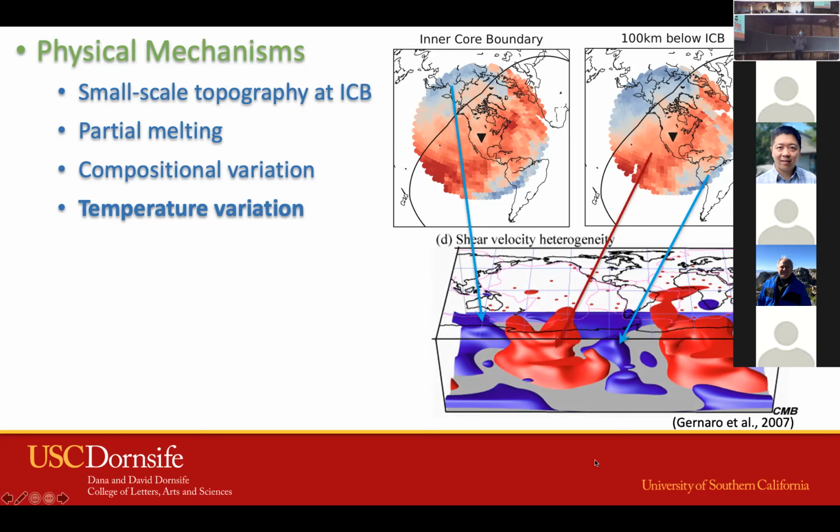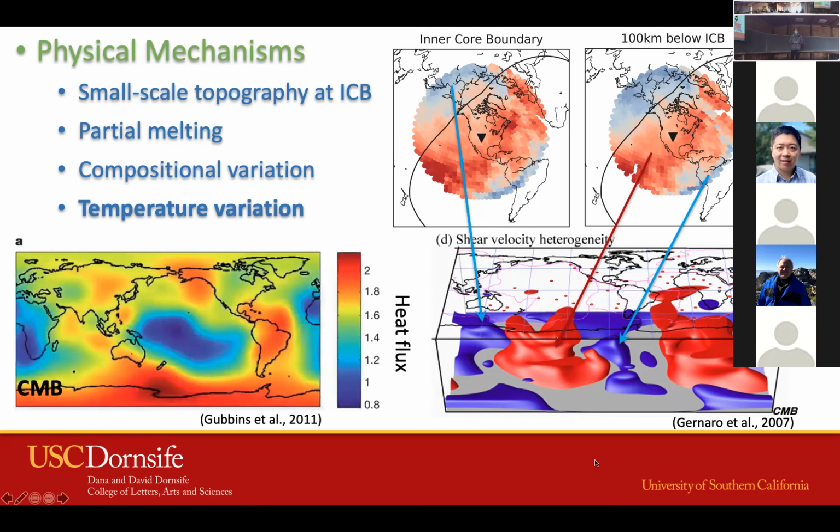We can see the two strong scattering regions, the blue line, are co-located with the high shear wave velocity zone at the CMB, and the weak scattering region is co-located with the low shear wave velocity zone.